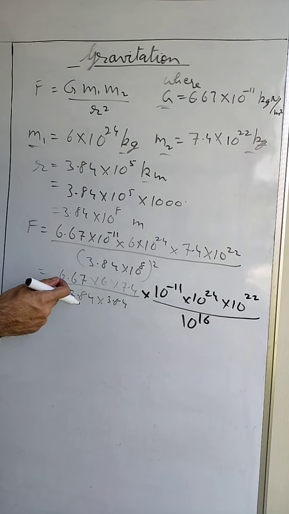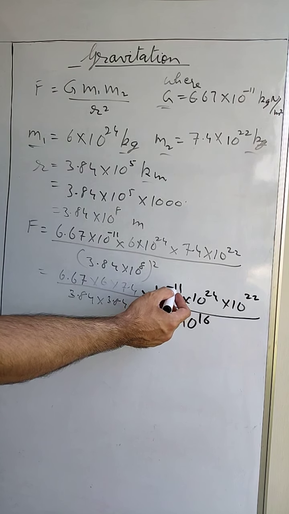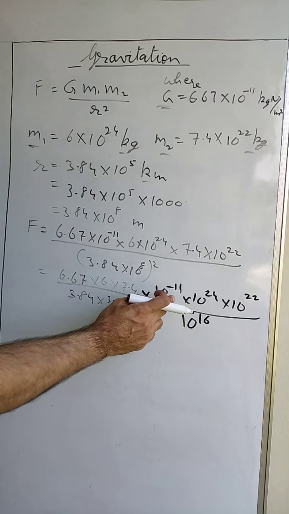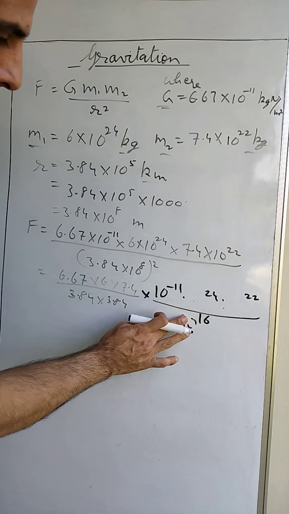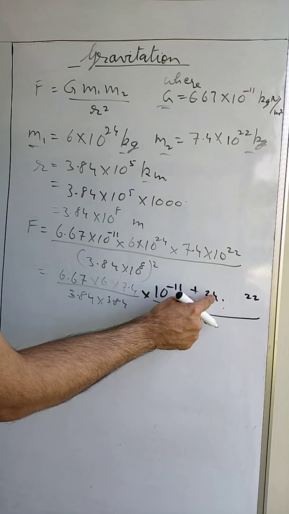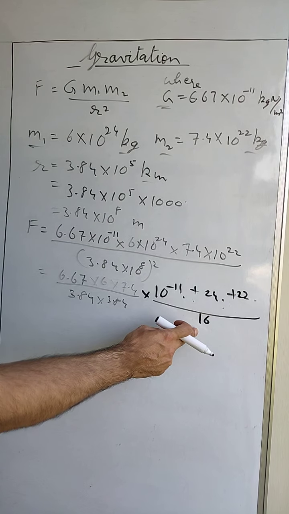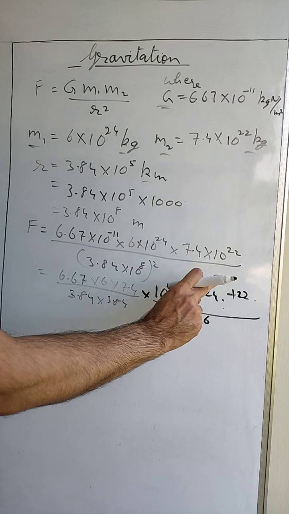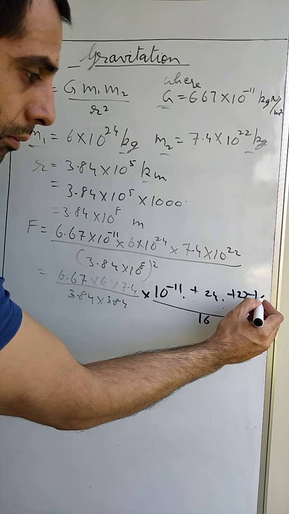So this you have to calculate normally like we do in the division, but here we can use the laws of exponents and we can solve this. So that total power of 10 will be minus 11 plus 24 plus 22, and this 10 to power 16 will come from the denominator, so the sign of the exponent will change, so it will be minus 16.